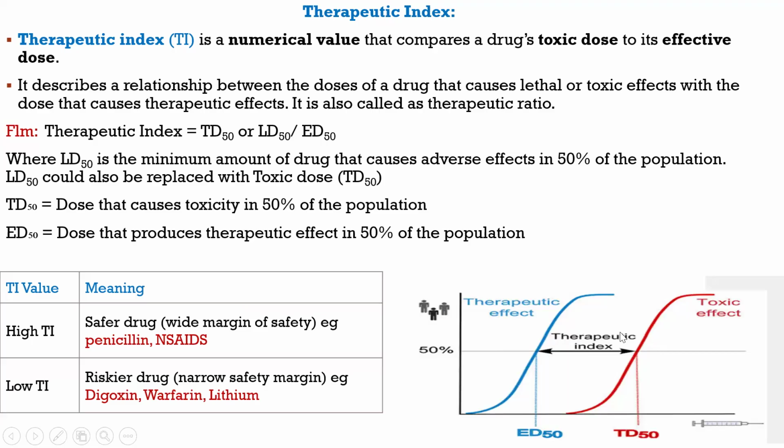But when it is within the therapeutic index, that means the drug is safe. But if it is above the therapeutic range, it is now passing this red line and has toxic effects. That's when it is said to have a very narrow safety margin and tends to produce toxicity.